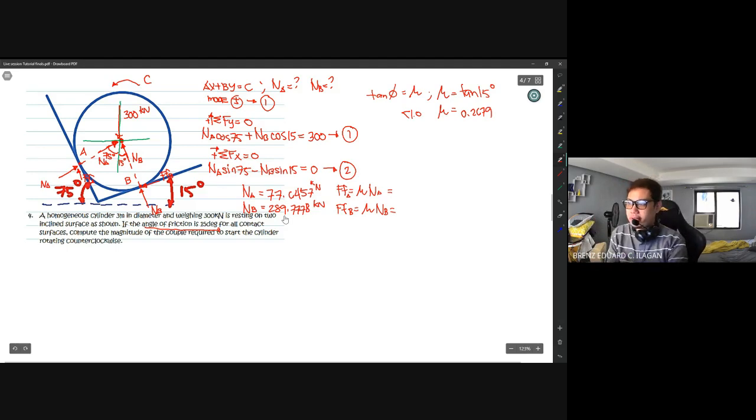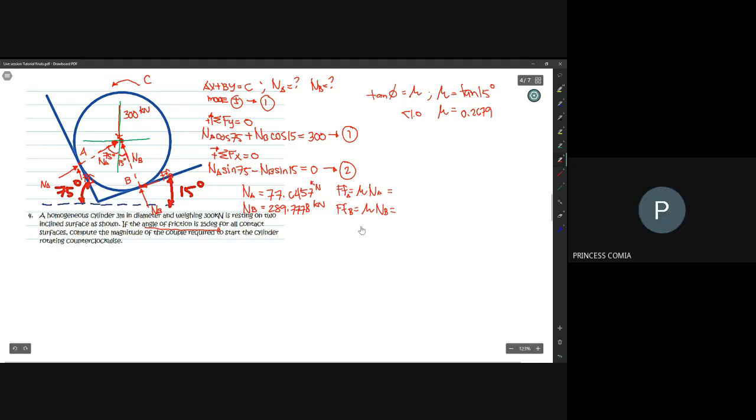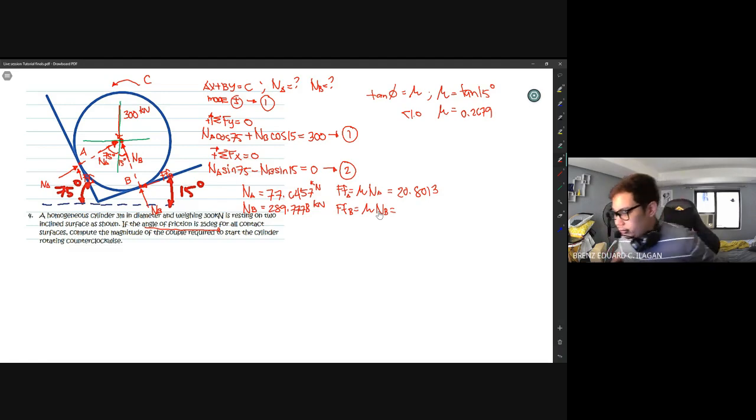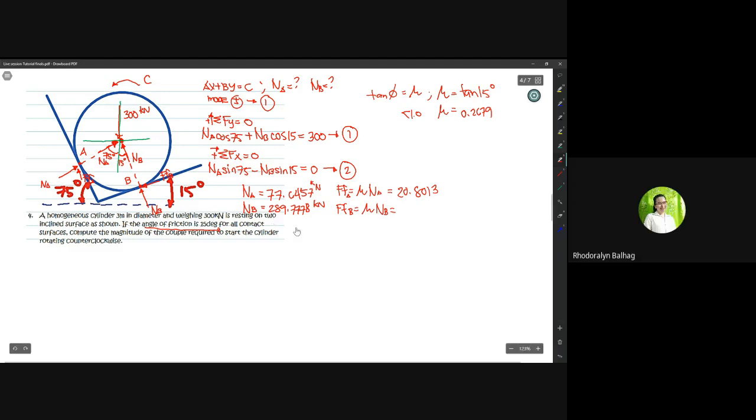So what is the value for FA? 20.8013. And for frictional force in B? 77.6315. So this is in kilonewton.